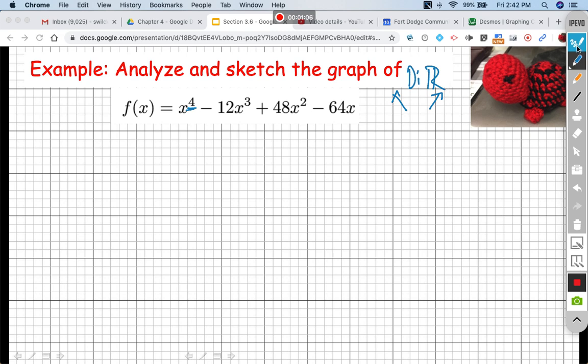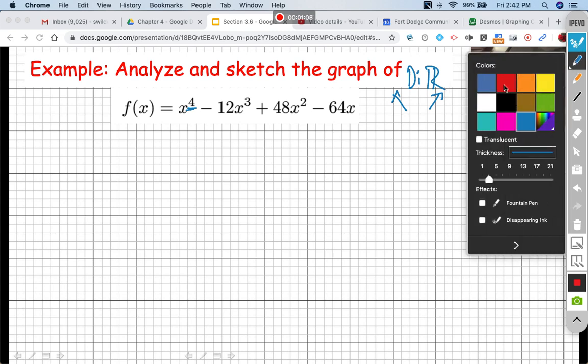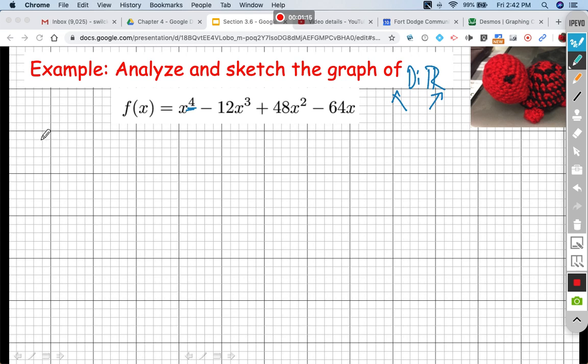So I'm going to start off right off the bat with my zeros. If I make 0 equals x to the fourth minus 12x to the third plus 48x squared minus 64x, I can see right off the bat that I have a common factor of x.